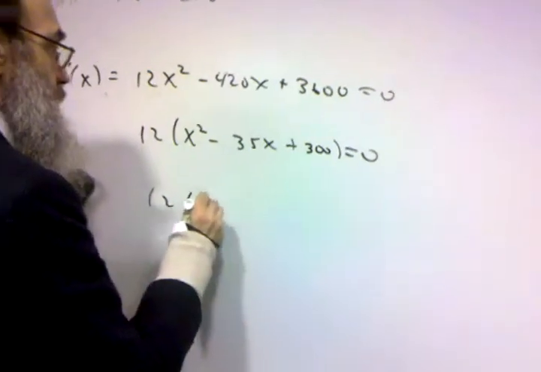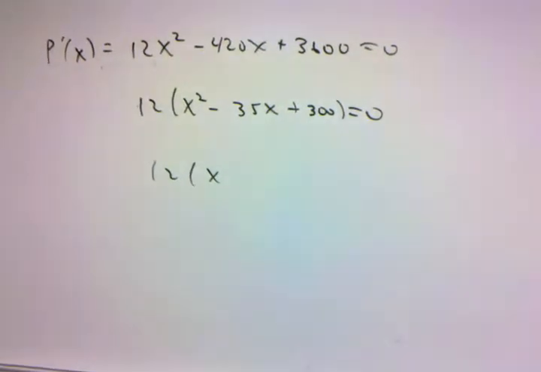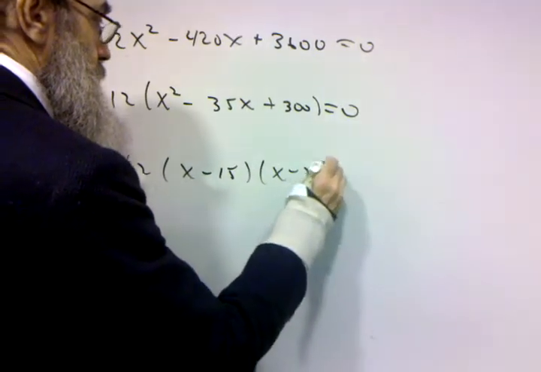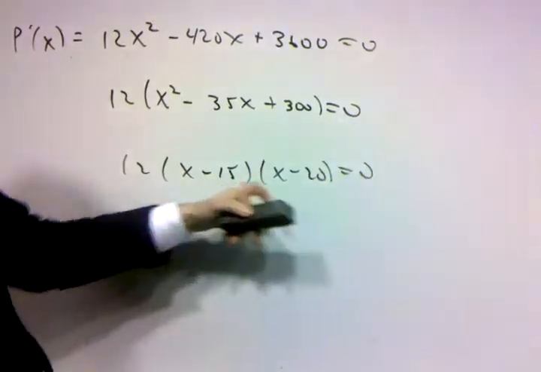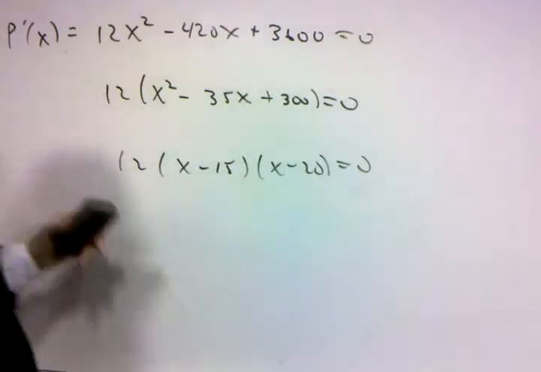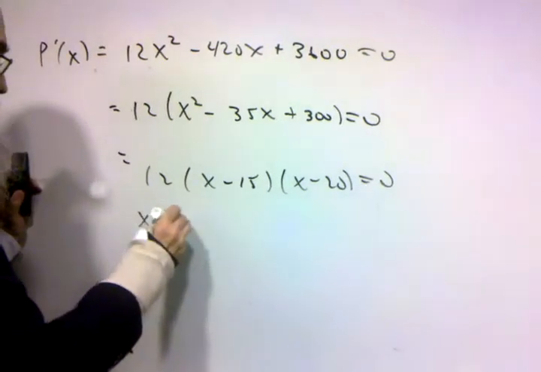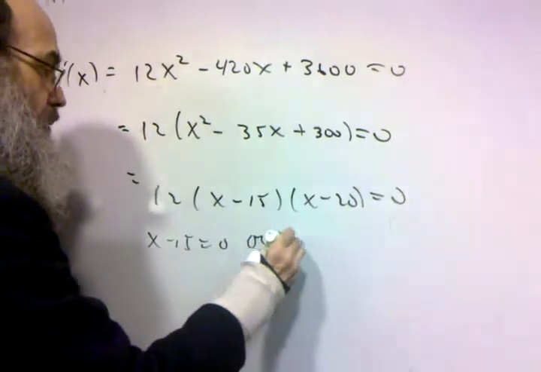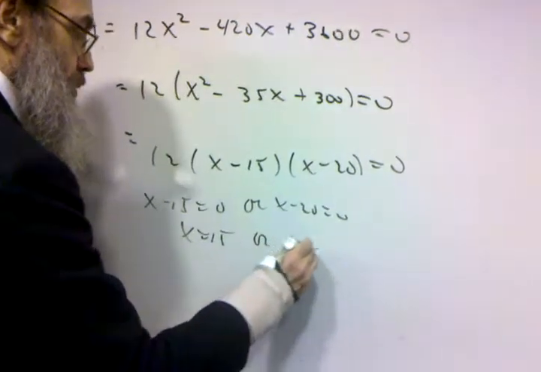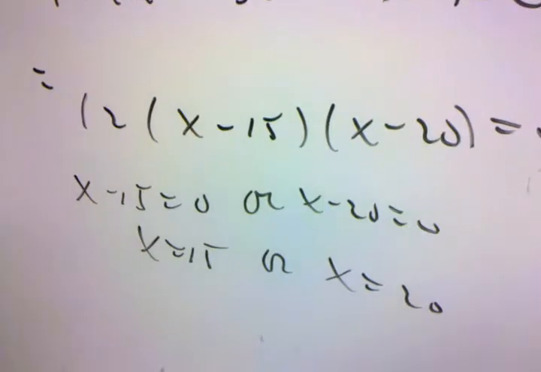This is 12 times x minus 15 times x minus 20. Negative 15 and negative 20 multiply to be plus 300, and they add to be negative 35. So this equals 0. This means x minus 15 equals 0, or x minus 20 equals 0. So x equals 15, or x equals 20.